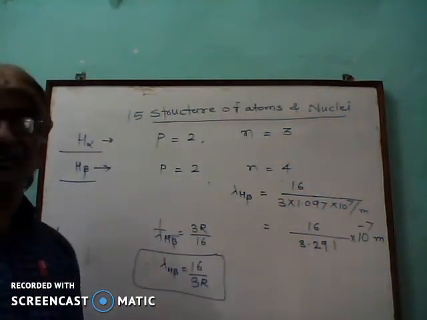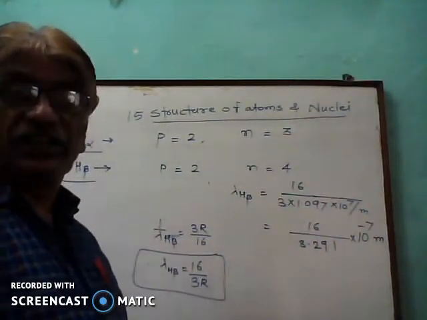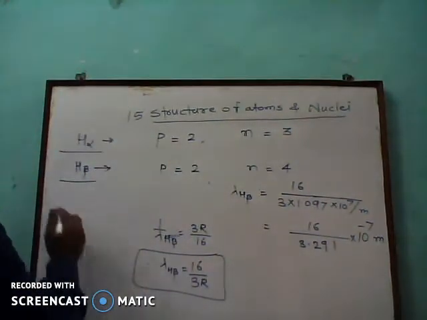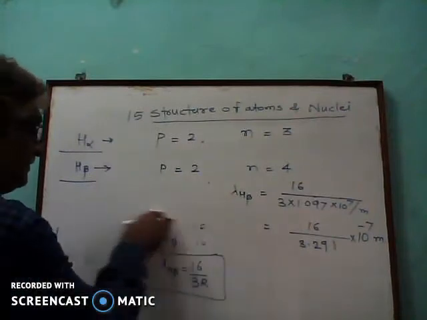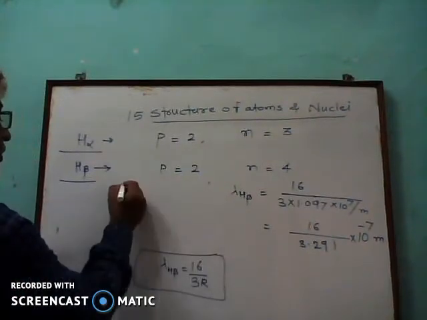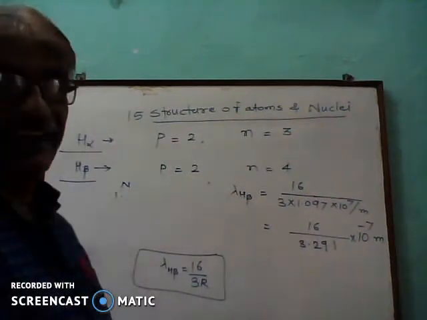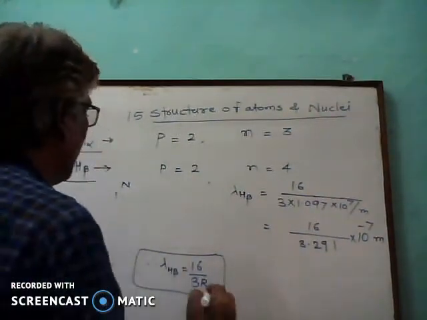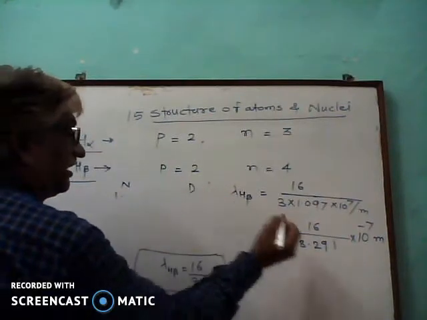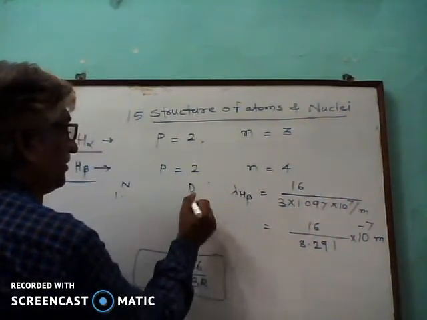Okay. Again, if we use the logarithmic table, the numerator will be 16. So its characteristic will be 1 point and the denominator will be 3.2, so the characteristic will be 0 point.